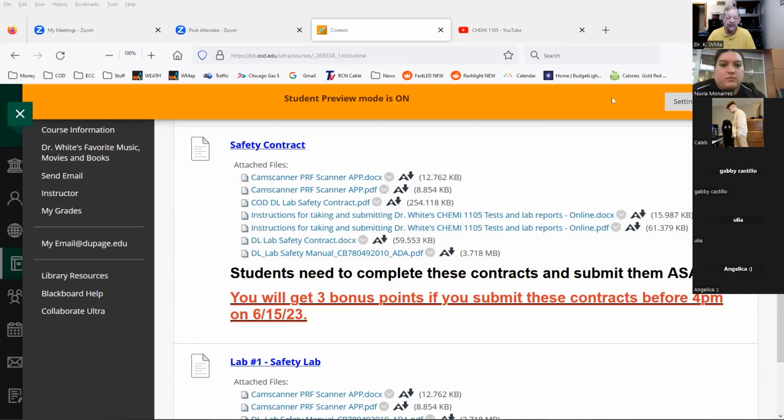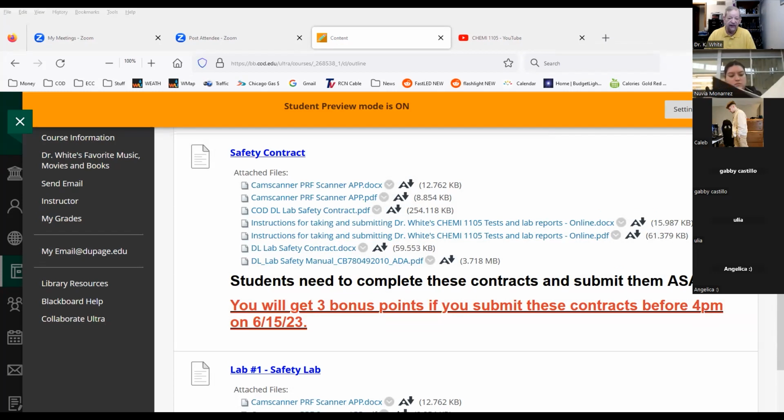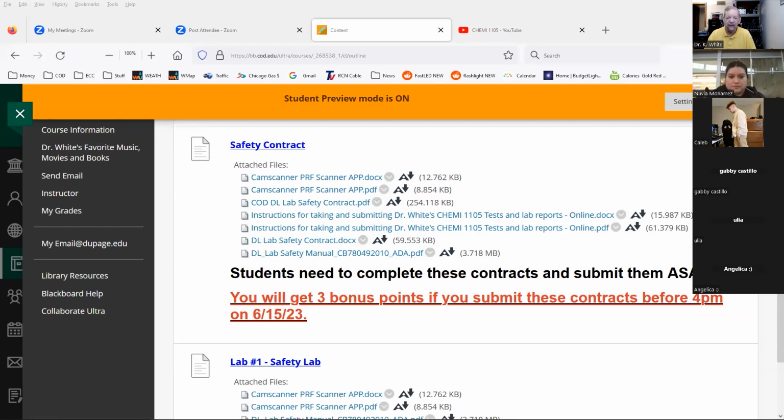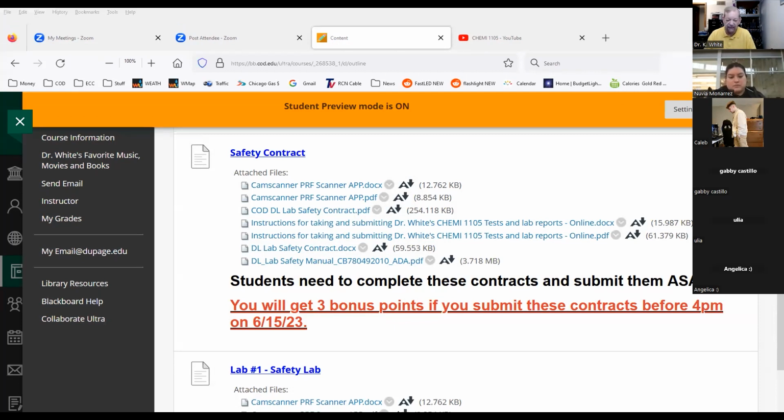Fill out this distance learning form and you'll upload it as a single PDF file, or if you can write on here, and you can with MS Word, you can upload that.